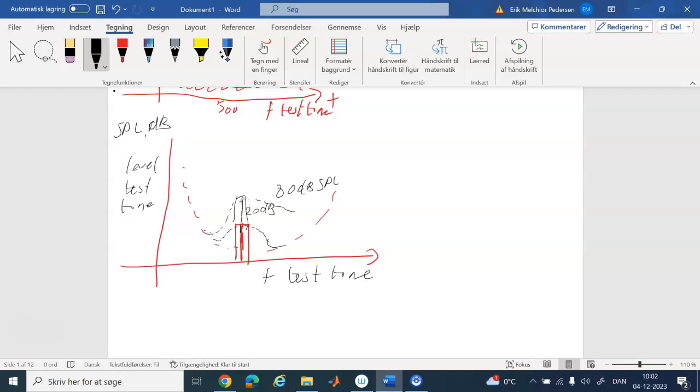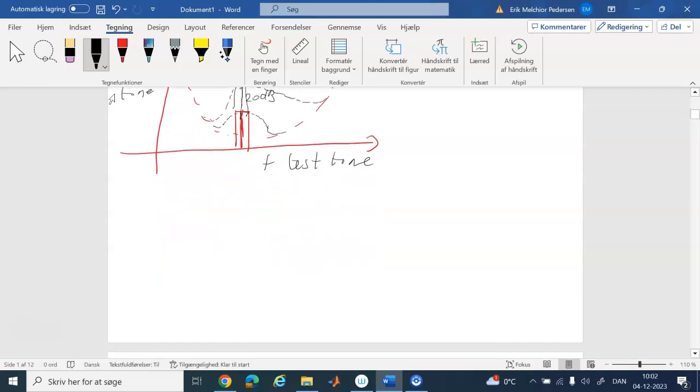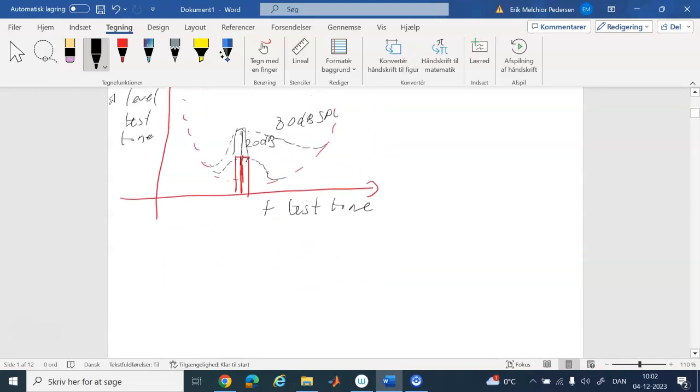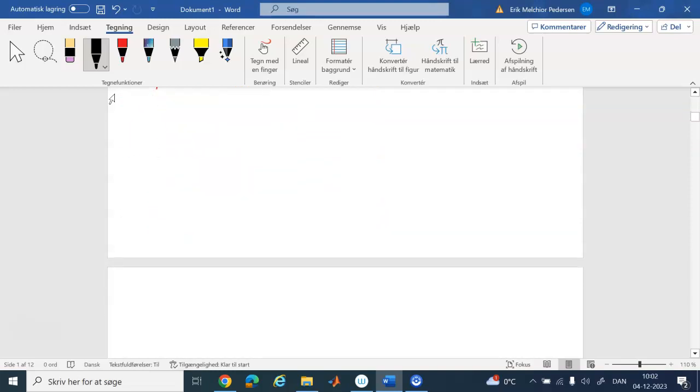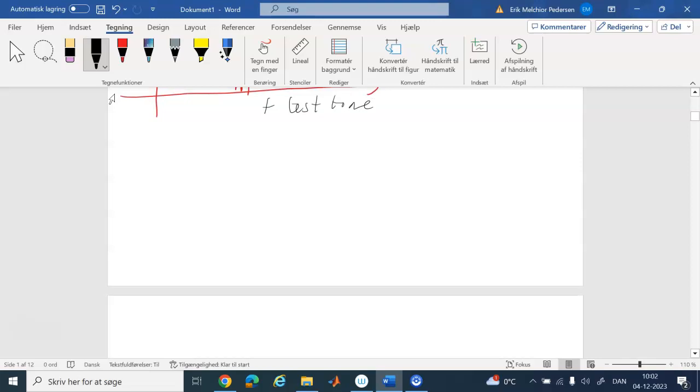But even if it's deviating very much from the test tone, you still need a lot of level for the test tone. This can be explained by the auditory filters.